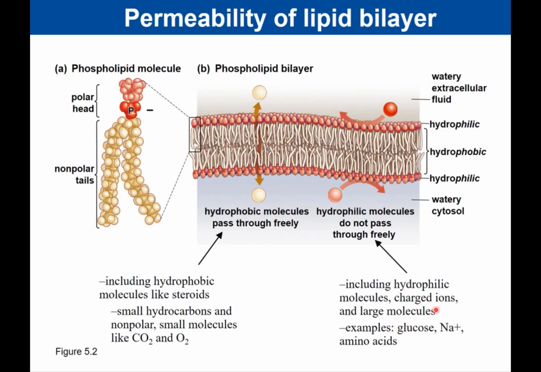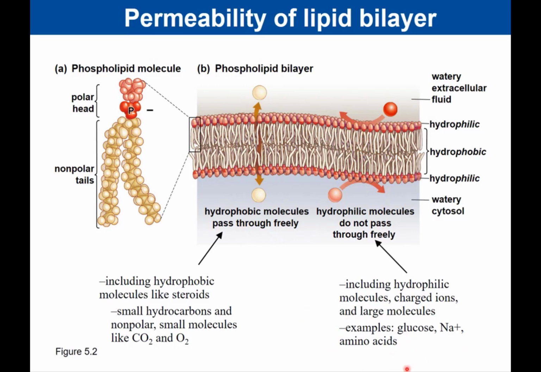Another example, glucose, right? Think of sugar, for example. If you took sugar and you dissolved it in your coffee, it would dissolve. And that's because sugars are polar. And if they're polar, they're hydrophilic. And again, things that are hydrophilic cannot cross this hydrophobic interior of the membrane.